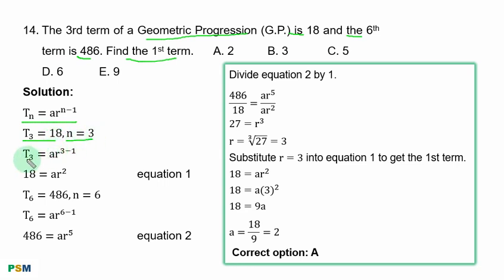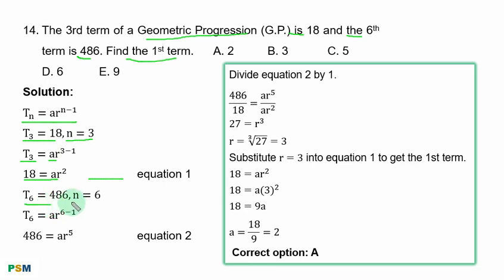So you have t sub 3 equal to first term times common ratio to the power of 3 minus 1. The third term is 18, equal to a r squared. You call that equation 1. The sixth term is 486.